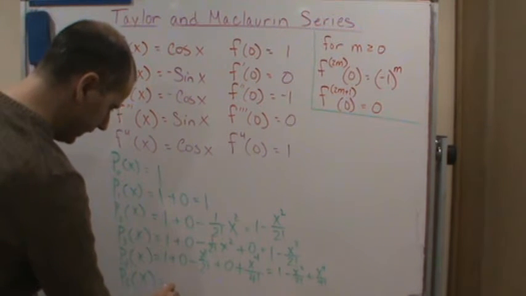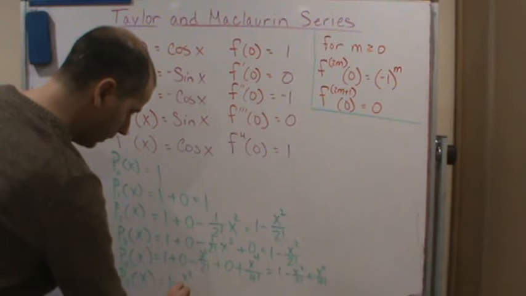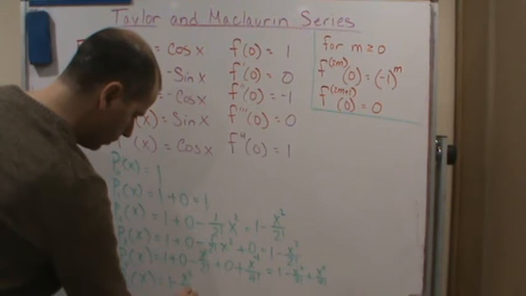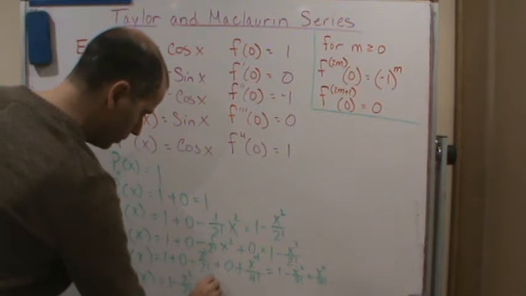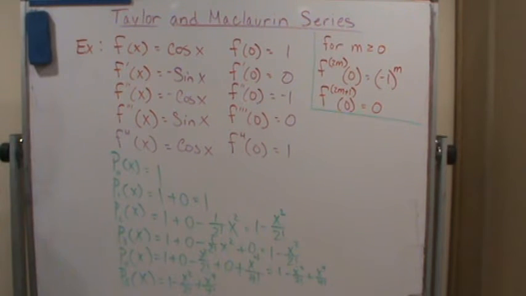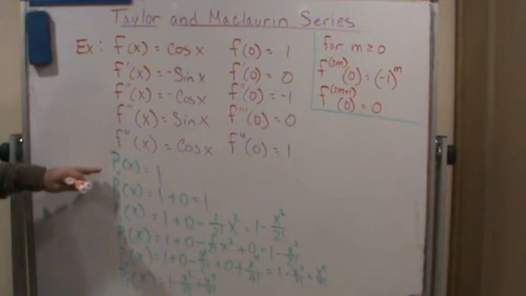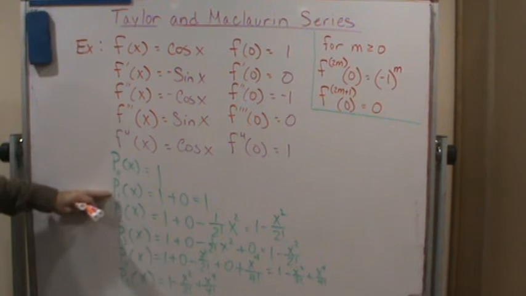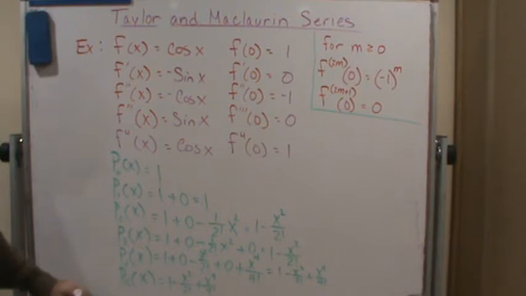So this is going to equal 1 minus x squared over 2 factorial plus x to the fourth over 4 factorial. Now, if I was going to continue on with this, what's going to happen is I'm going to have P0 equal to P1, P2 is equal to P3, P4 is equal to P5, and so on.